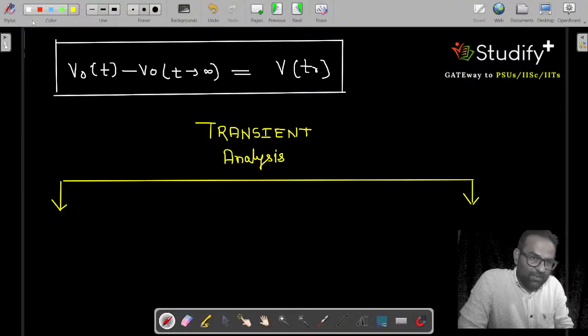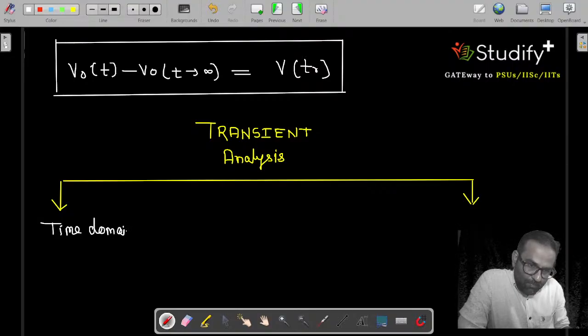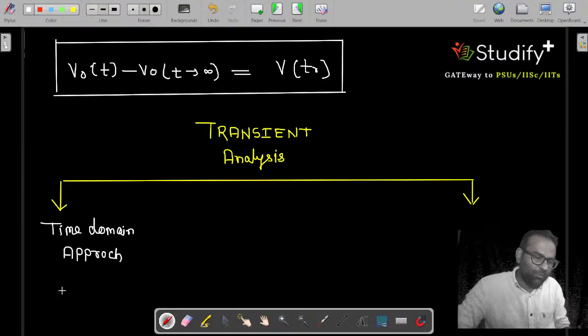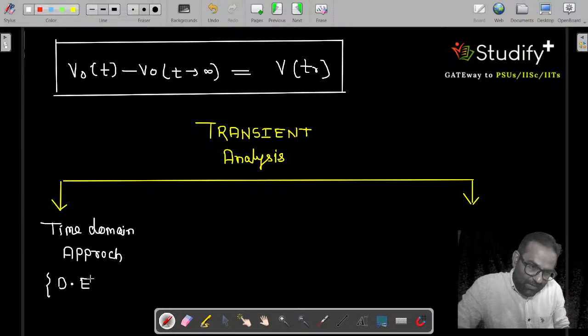First we will analyze with the help of the time domain approach. In the time domain approach, we will form some differential equations, write the solution of the differential equation, and solve them.